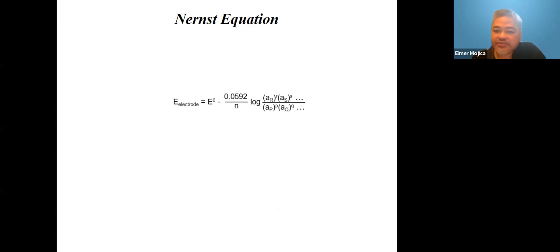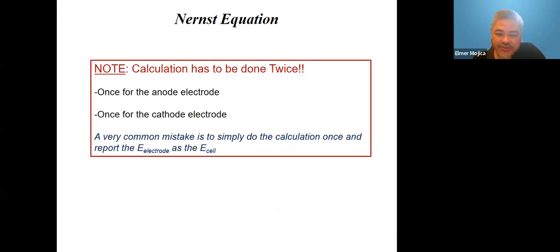So the thing that you need to remember at this level, okay, you do have to do the calculation twice. Once for the anode electrode, once for the cathode electrode. And there's always a common mistake, especially from the Gen Chem level, to simply do the calculation once and report the potential of the electrode as E cell.